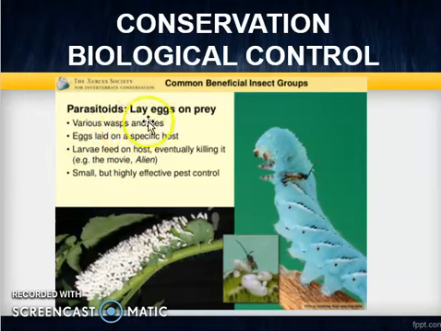So these are examples of insects belonging to the parasitoid beneficial group. The second characteristic of the parasitoid insect group: it lays eggs on a specific host. Larvae feed on the host, eventually killing it, for example, like the movie Aliens. Small but highly effective pest control when it attacks its prey.